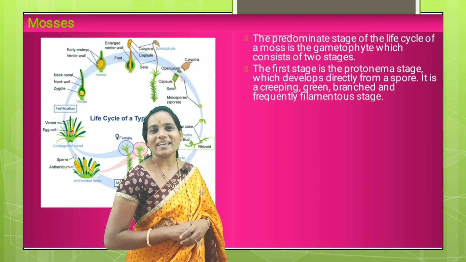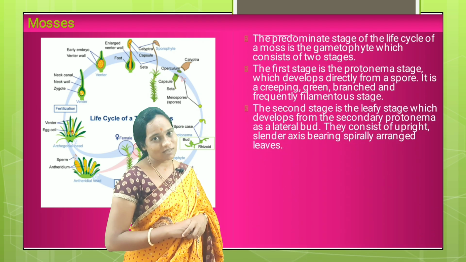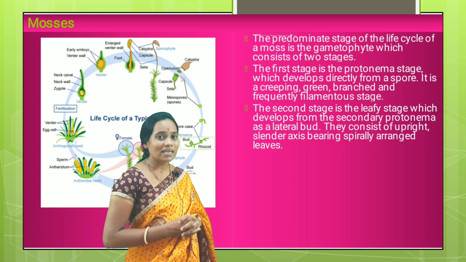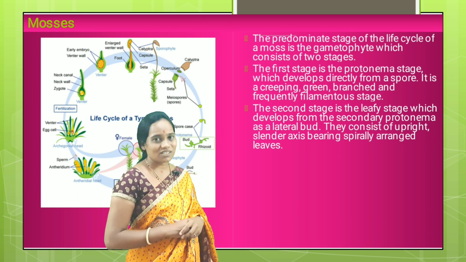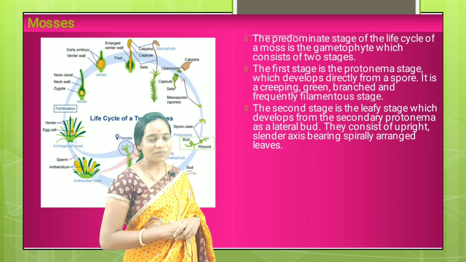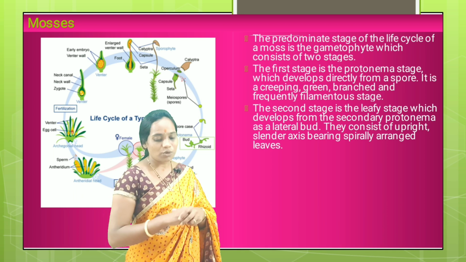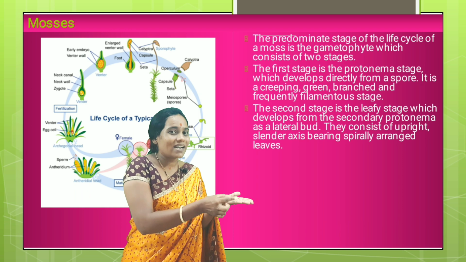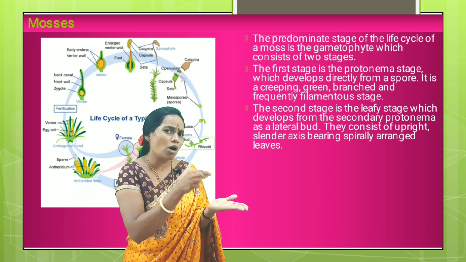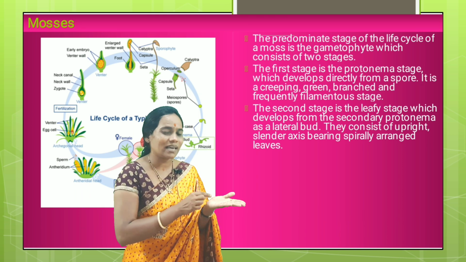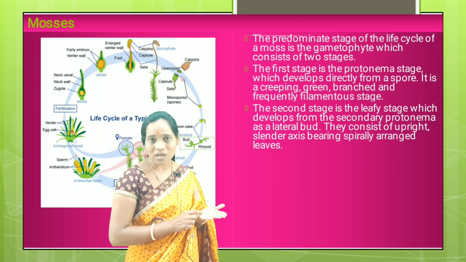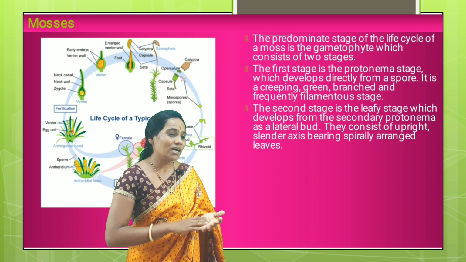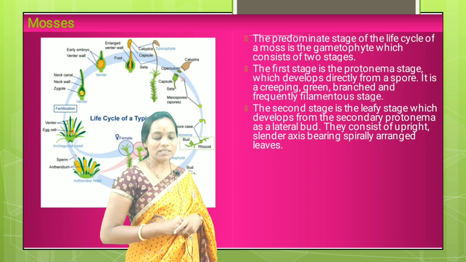What is the second stage of mosses? The second stage of mosses is the leafy stage. As I told you, the side lateral branch or small bud arising on the protonema is a secondary protonema, and that secondary protonema will develop into the leafy stage.